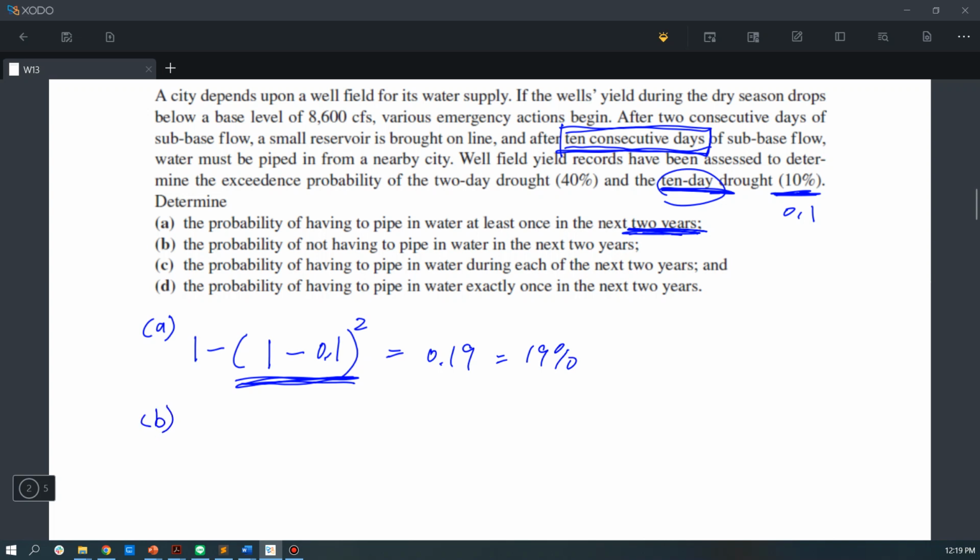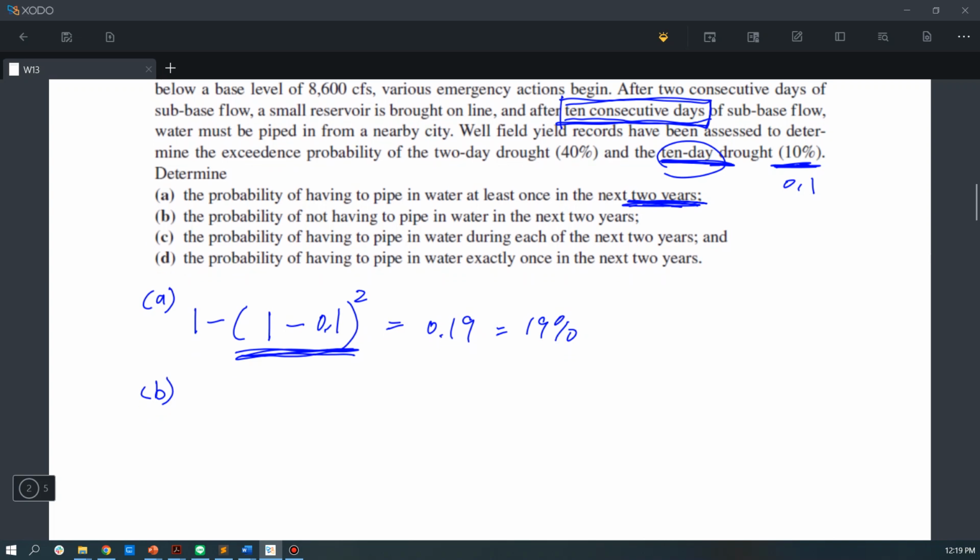And for problem B, we want to calculate the probability of not having to pipe in water in the next 2 years. That is also very easy, because we want to calculate the probability of 1 minus 0.1.